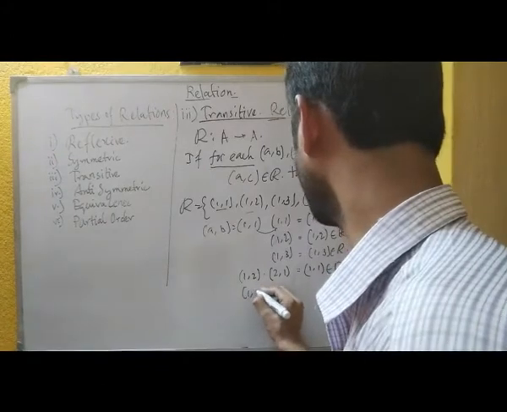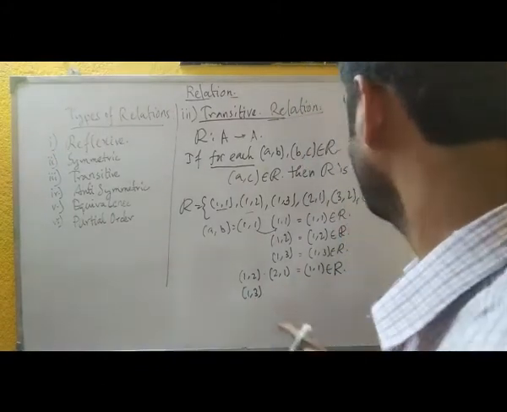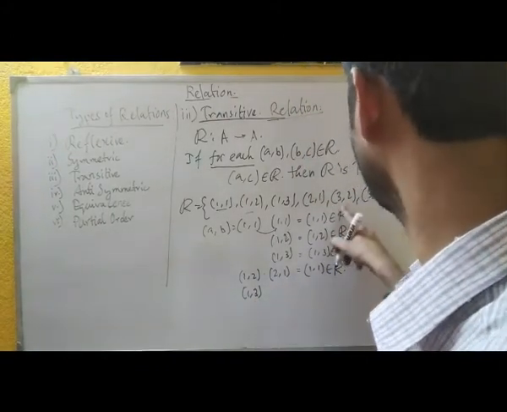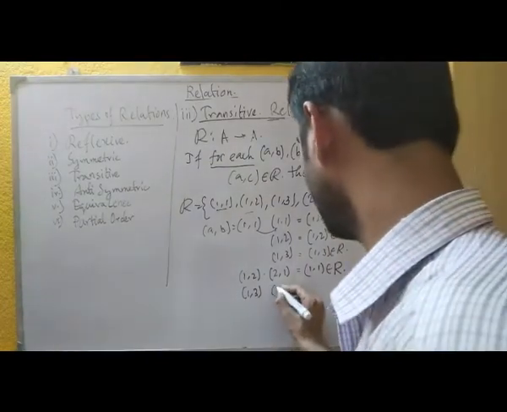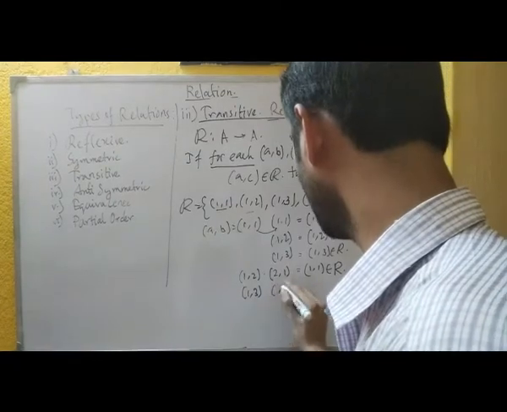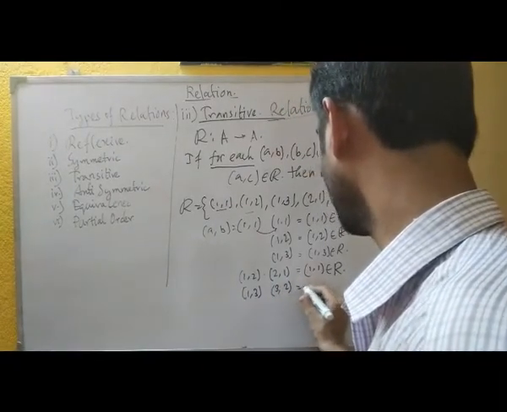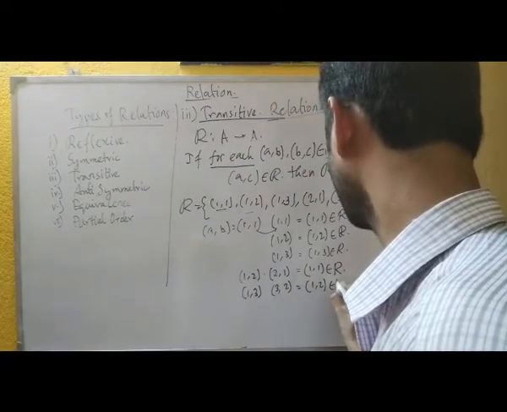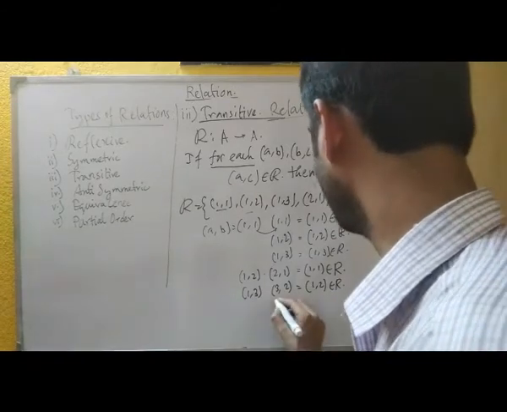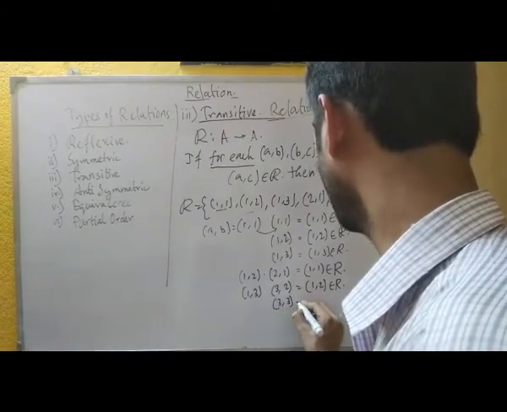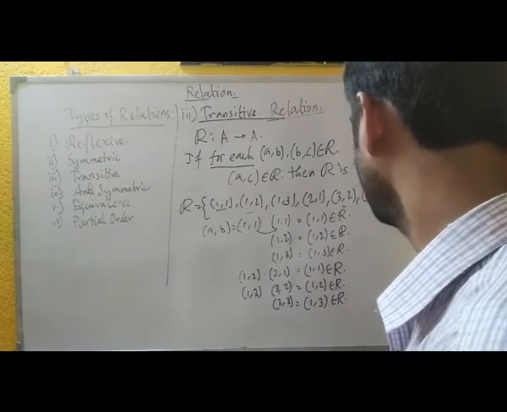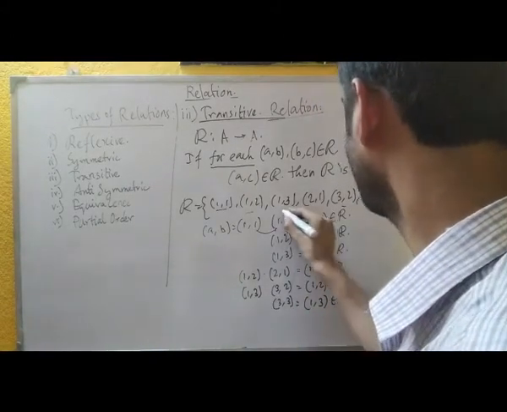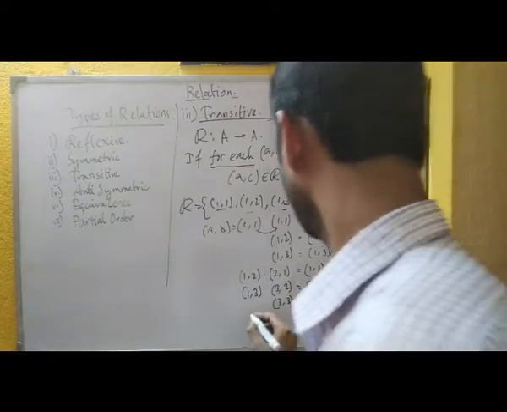So what is the case for (1,3)? If you take (1,3), the elements that can be taken are (3,2) and (3,3). So for (1,3) and (3,2), you are getting (1,2), and for (3,3), again you are getting (1,3). So for the element (1,3) there is no problem.